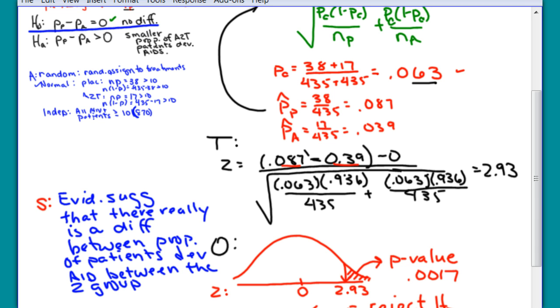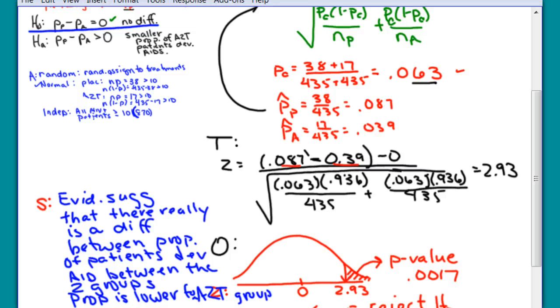And if you wished to take it a step further, the proportion is lower for the AZT group. Wow.